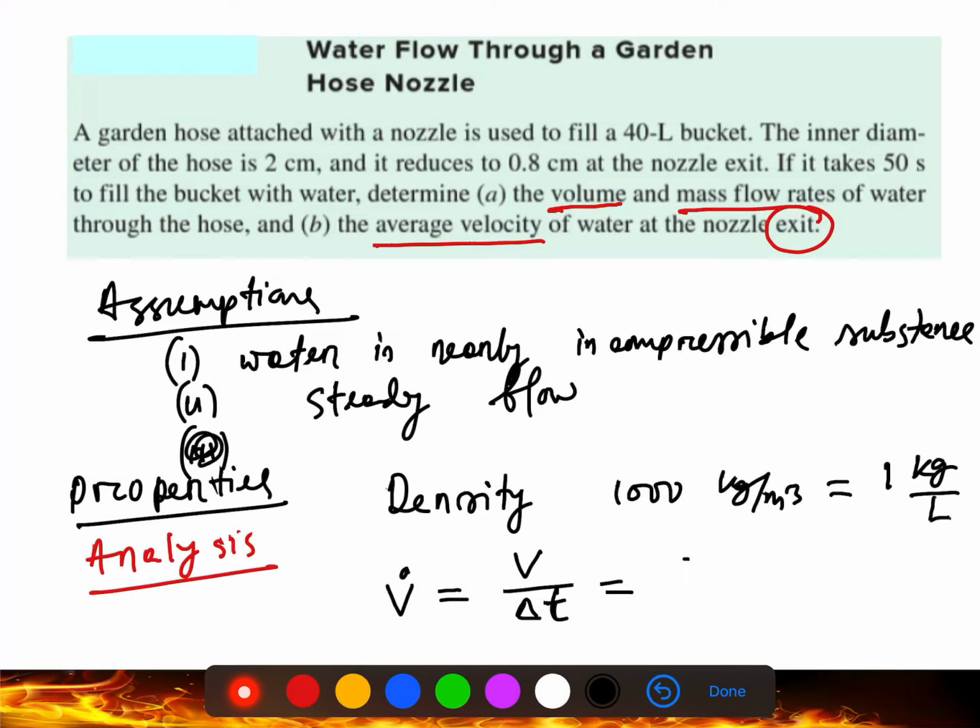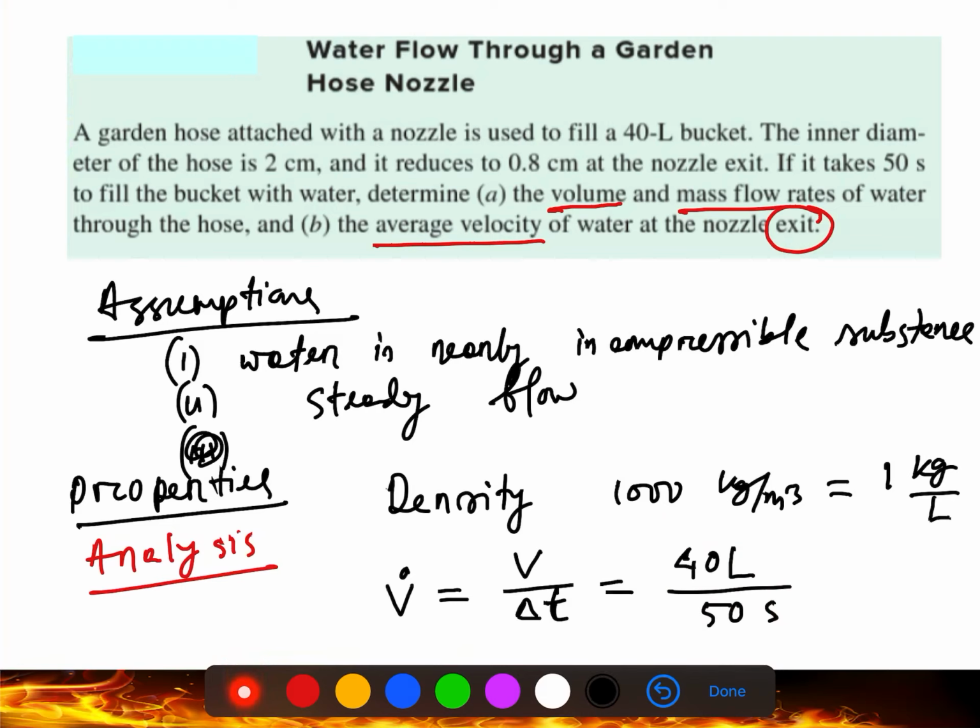In this problem we have the volume of 40 liters and delta t of 50 seconds. So in 50 seconds, 40 liters of water discharged. This is the volume, and this is the second.